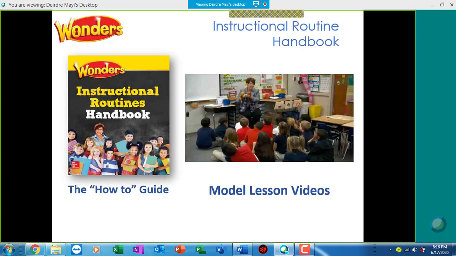During the digital portion of our time together today, I am going to be certain to tell you where the Instructional Routine Handbook resides so that you will be able to get into that handbook and really understand why the Wonders routines are the way that they are.